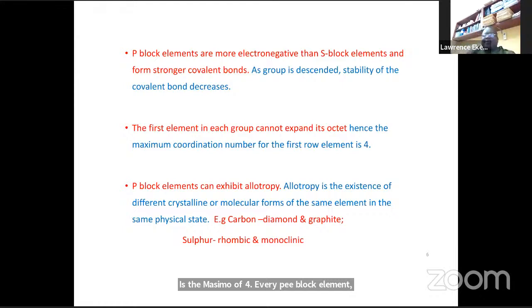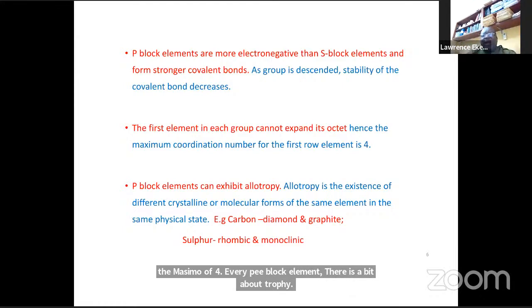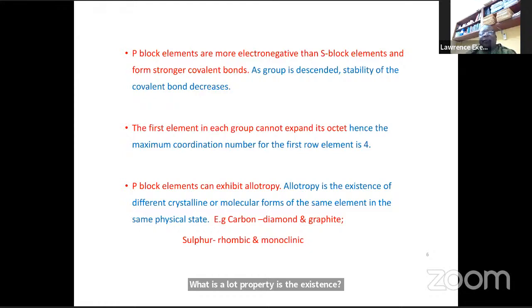Allotropy is the existence of different molecular forms or crystalline forms of the same element in the same physical state. For example, the allotropes of carbon are diamond and graphite. Another example is sulfur.